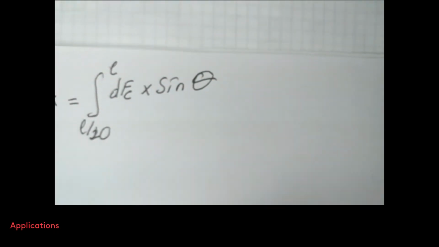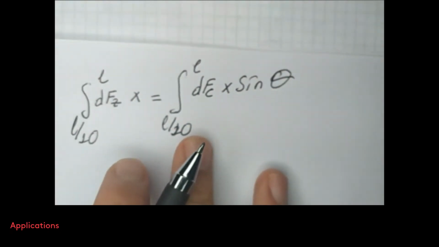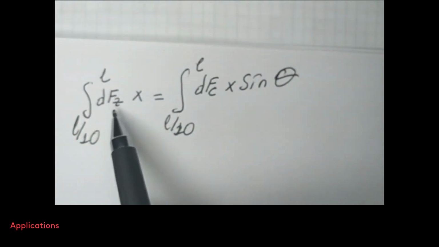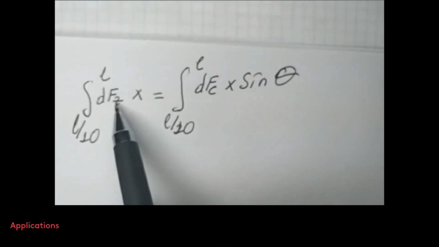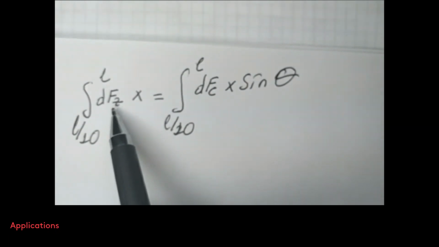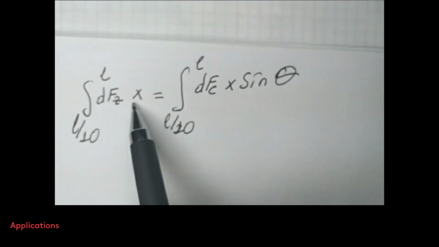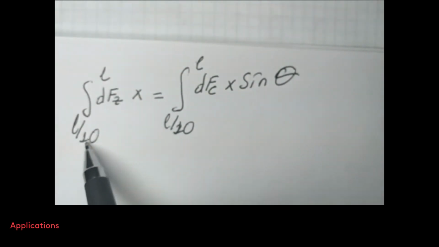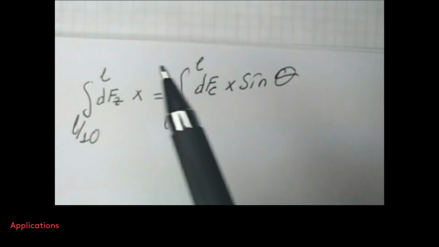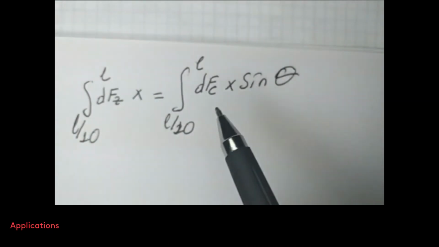Let me repeat it again. So we have the Z, which is perpendicular to the blade. The Fz is the unit force perpendicular to the blade, due to the lift, multiplied by x. X is the distance of the blade element from the rotor hub, so it varies from L divided by 10 to L, and this has to be equilibrated by the moments generated by the centrifugal force.